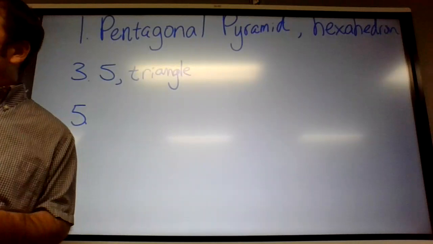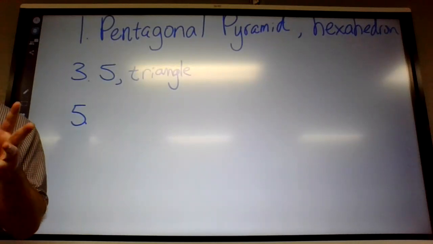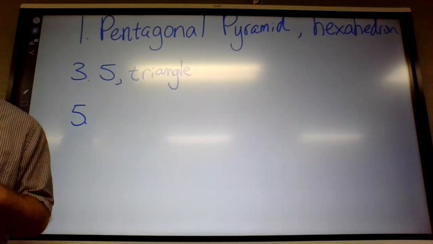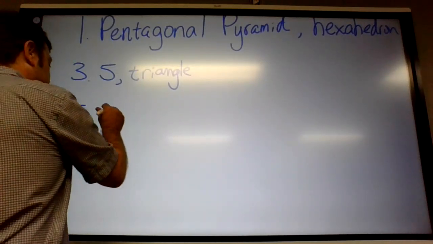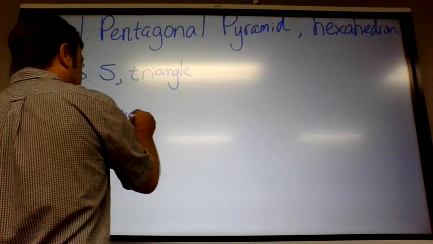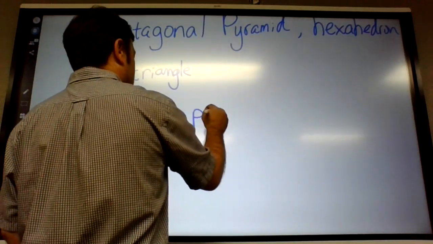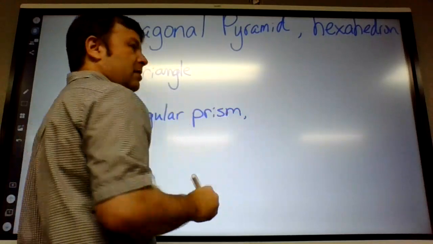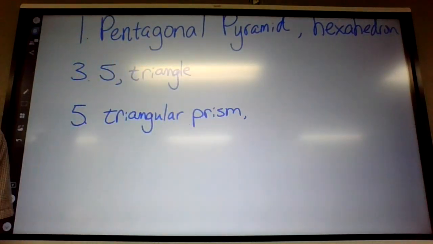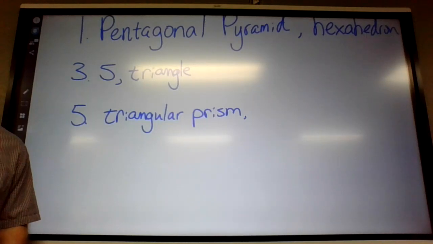Yeah, the triangles that are identical and parallel, that's what makes it a prism. So this is a triangular prism. And we're supposed to name it according to the number of sides.